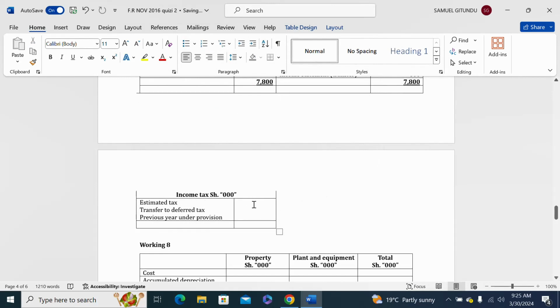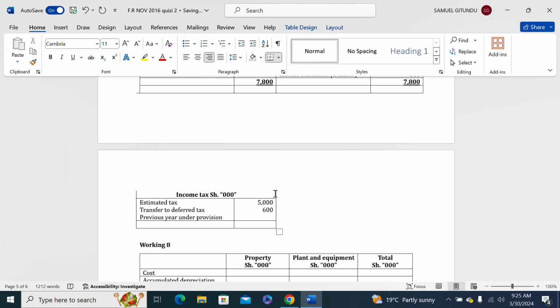So we have the income, the estimated tax. We have been told that the estimated tax is 5 million. That is 500,000. Our figures are in thousands. And then the transfer to the deferred tax is 600,000.